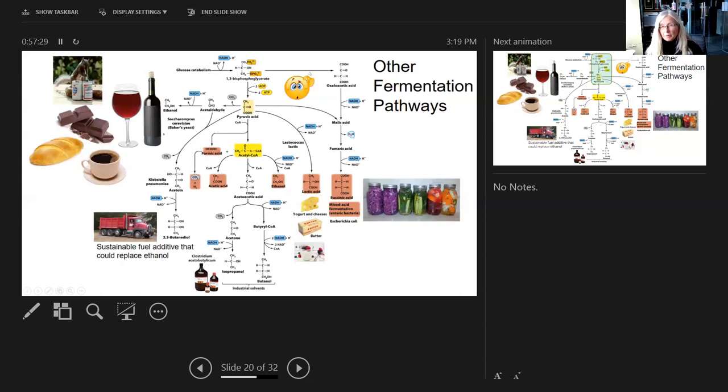So when you pickle something, you are actually using a fermentive process. When you pickle it, you add the vegetable to a solution that contains sugar, and the bacteria that are doing this fermentation produce the acids.